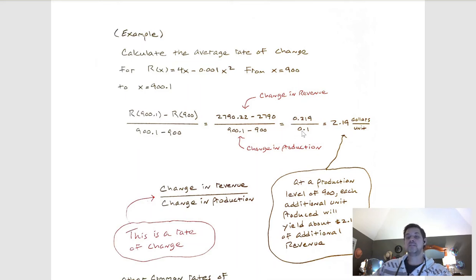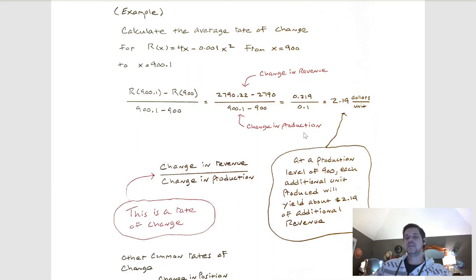We get a fraction that quantifies the change in two variables as they change together. Remember, we said a change in production, increase or decrease, will cause a corresponding increase or decrease in revenue. And that's how: an increase in production of 0.1 will cause an increase in revenue of 0.219.